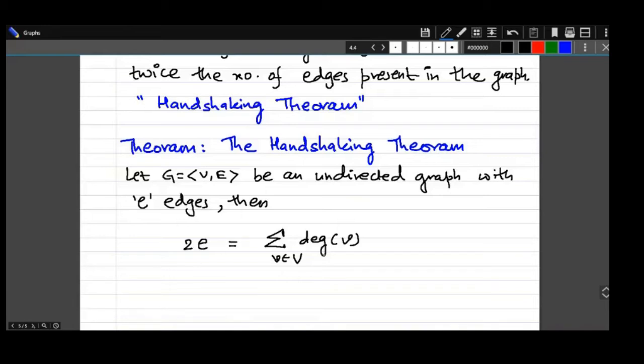Or you can just take this to this side and divide it. The number of edges will obviously be the summation of the degree divided by 2.